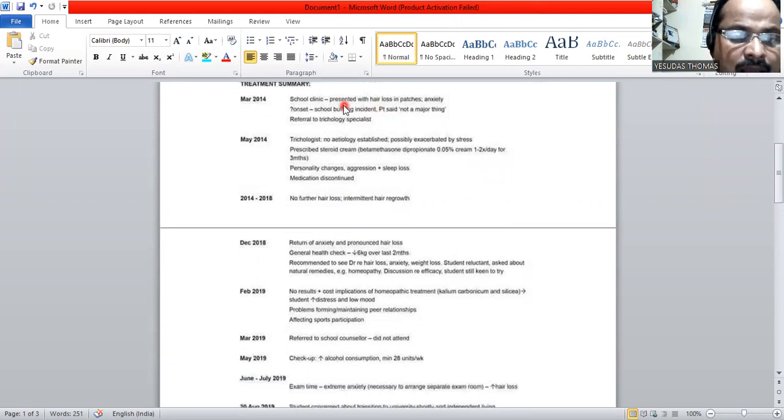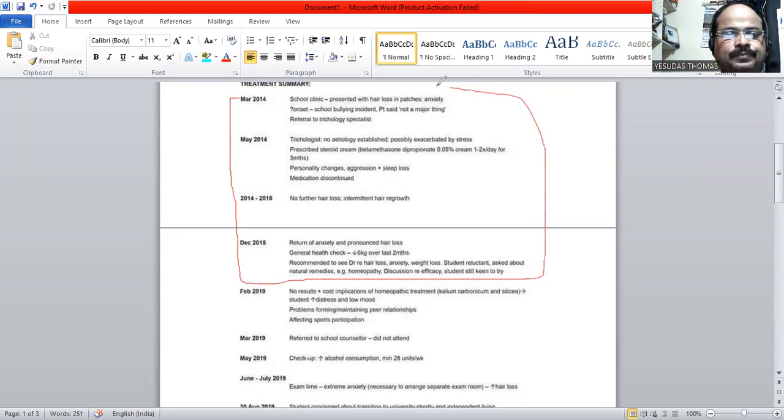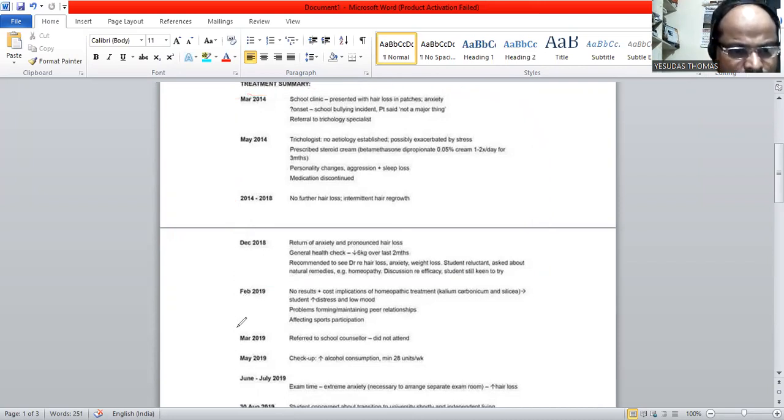We have a long list of treatment summary here, from March 2014, May 2014, 2018, and December 2018. I can categorize up to this point into one paragraph, because the most recent presentation is here.